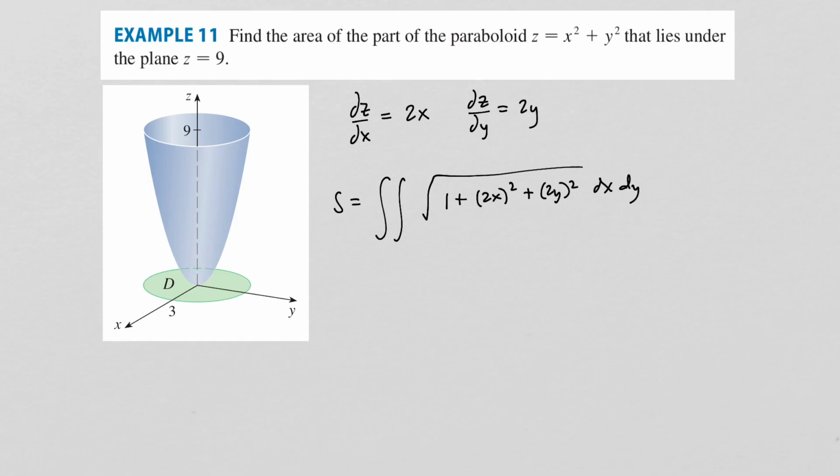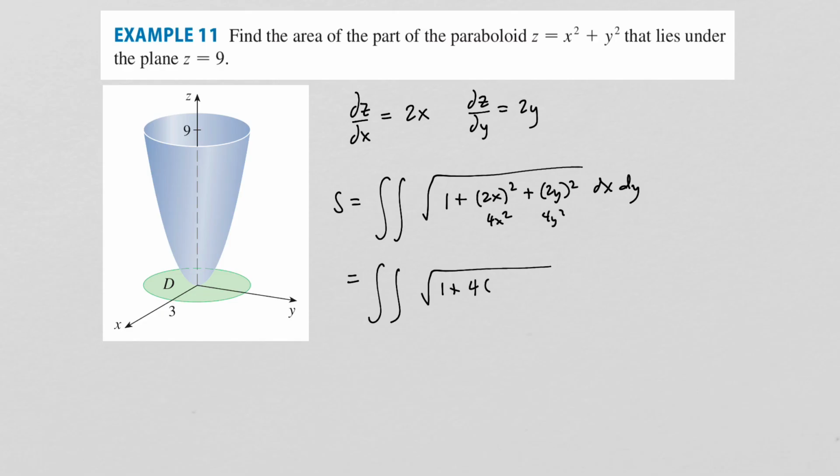Now, we could integrate with respect to x and y, but the domain down here is circular, and so the limits would be a little bit complicated to do that. It's probably better that we use polar coordinates. So let's rewrite this. We can say that this is equal to the double integral of the square root of 1 plus, now this is 4x squared and this is 4y squared.